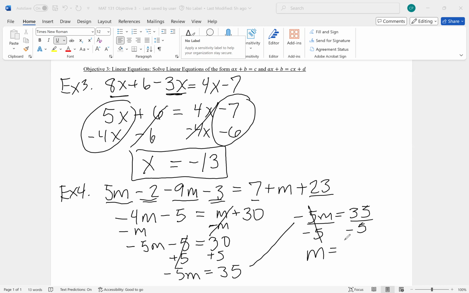We're trying to isolate that variable or get the m by itself. And then we have 35 divided by -5. That is going to give us -7. Okay? So that is how we take linear equations in the form of ax plus b equals c and ax plus b equals cx plus d, how we solve them. Okay?